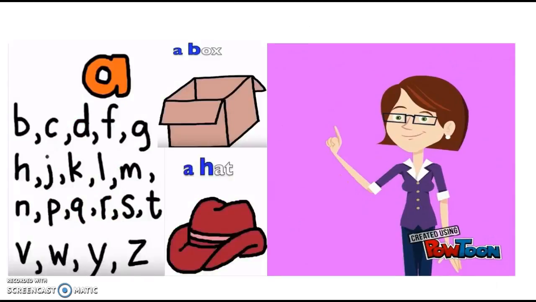Let's take a look here. A box, a hat. B, it's a consonant, box. A hat, that's another consonant, so we have to use a. And take a look at all the consonants that come with a.